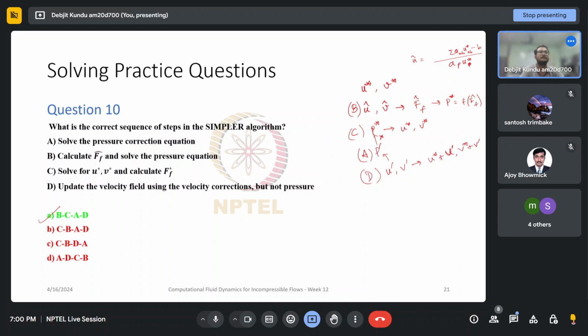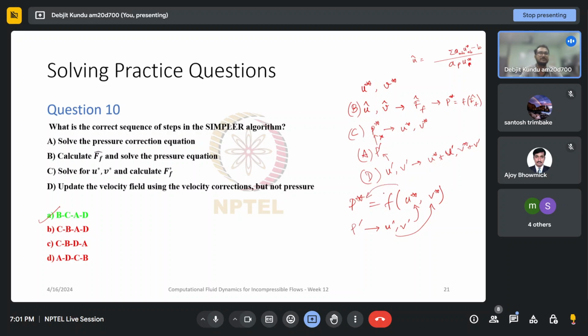So P star, I have this as a function of some U star V star, right? After I know U star V star, I can calculate P star. And there is a pressure correction equation which is solved. Then using this, I can find out velocity corrections which are then added to these U star and V star. Then again, these are used to calculate the P star.